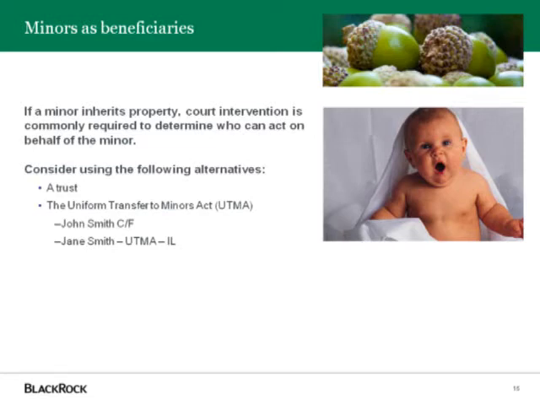Simply indicate the custodian you would like followed by the minor's name, UTMA, and the state whose act you are adopting. So if the child inherits the asset, proof of age is requested. If the child is under the age of majority, the custodian has immediate access and control on behalf of the child. If the child is over the age of majority, the child has immediate access and control over the asset.